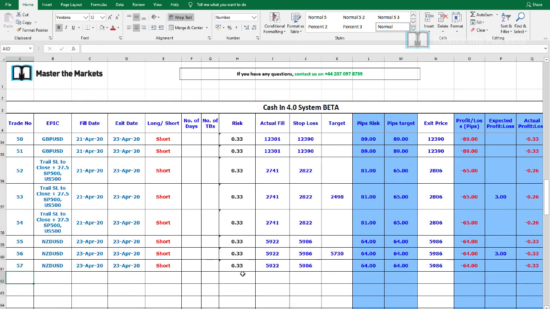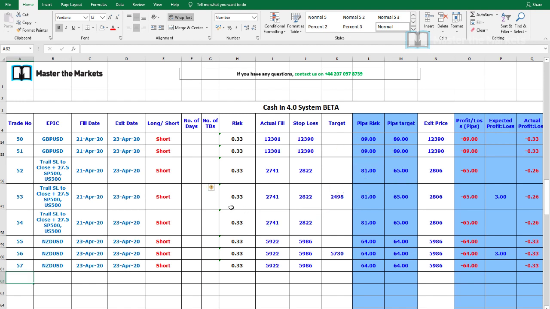So if you total that up, minus 0.31 plus 1.18, that is a total of 0.87% for the week. 0.87% on a 100k account, on £1,000 for 1% would be £870. That's really good for a week's return.